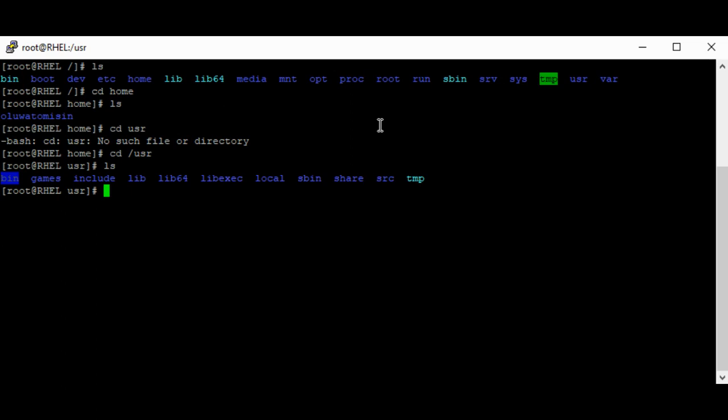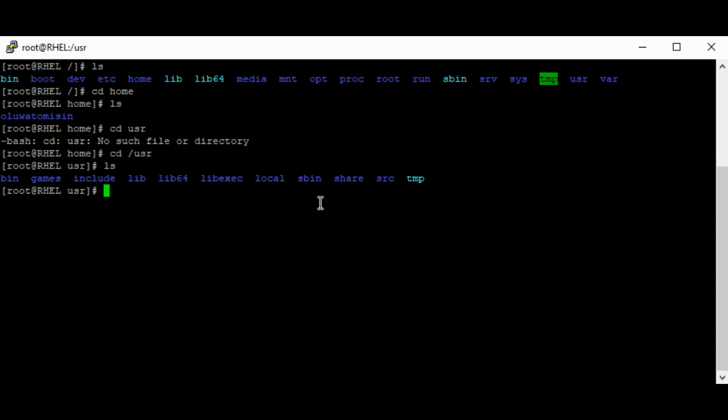So the ones that are not necessary for the system to function are stored in usr, and the remaining ones are stored in usr/bin and then usr/sbin. So these files are considered not essential to the system.